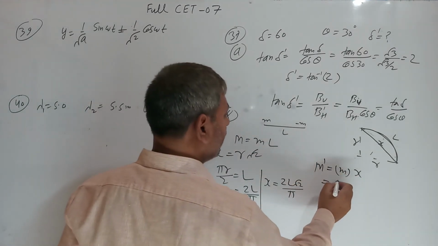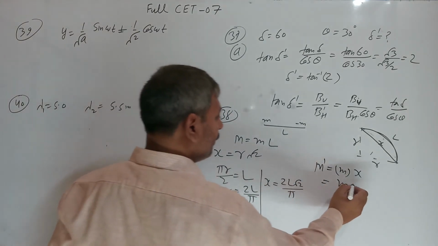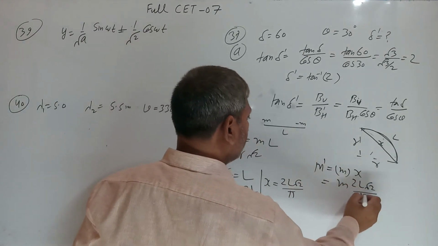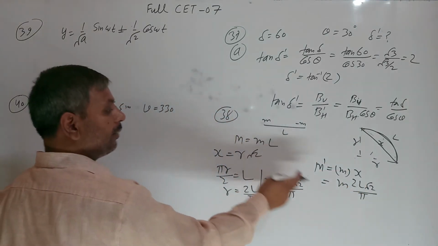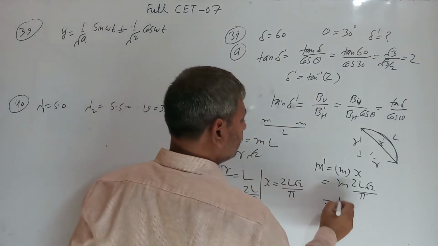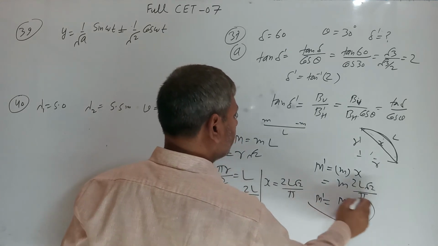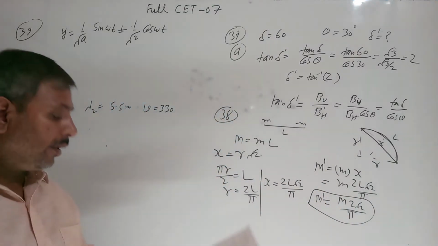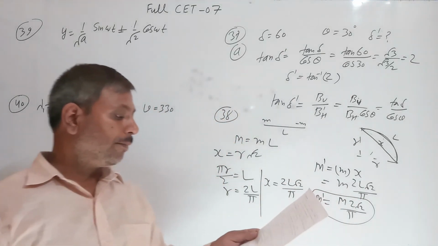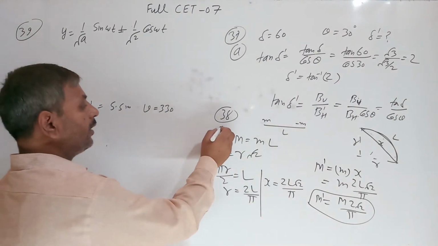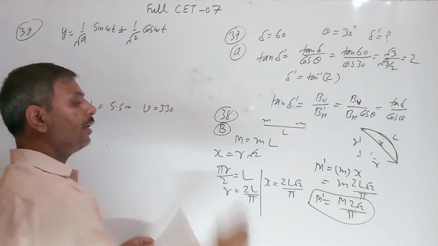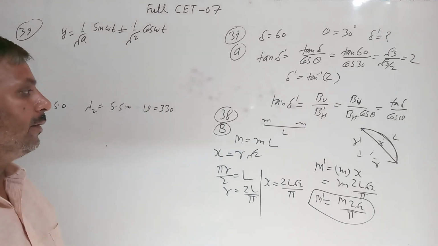Putting X here, the new moment is equal to m into 2L root 2 upon pi, and mL is equal to capital M. The new magnetic moment is M 2 root 2 upon pi. Question number 38, option B will be the correct one.